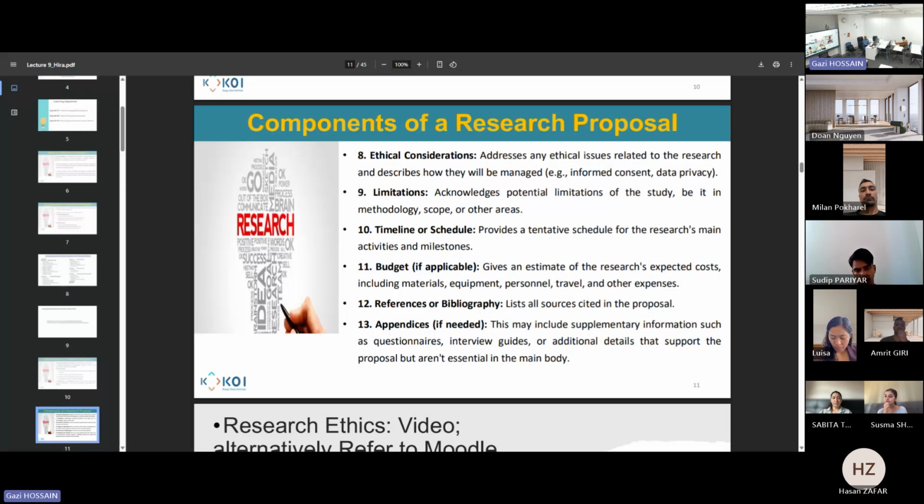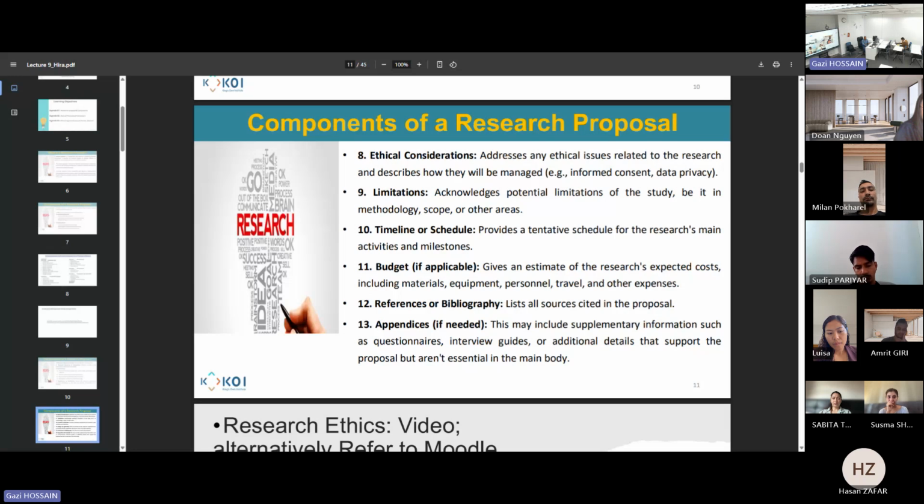Can anyone tell me any ethical principles when we'll be collecting data? I said at the beginning that when we'll be collecting the data, when we'll be analyzing the data, and also when we'll be writing the report, everywhere we need to follow the ethics. What is ethics? Ethics is honesty. Ethics is something that should be good.